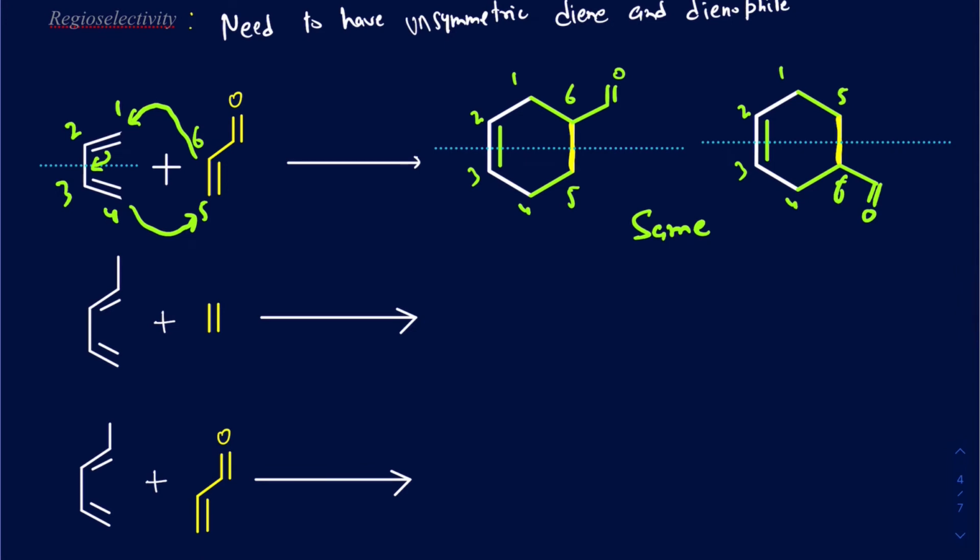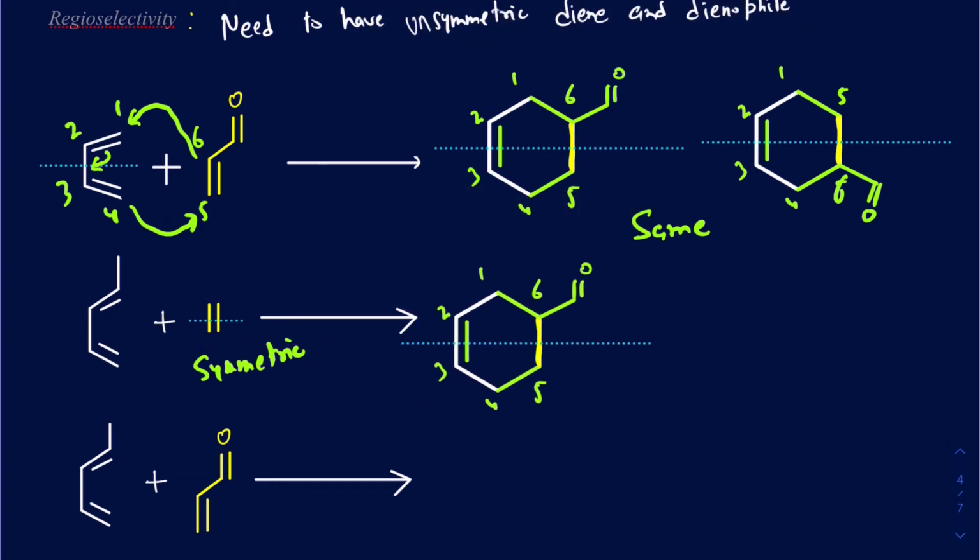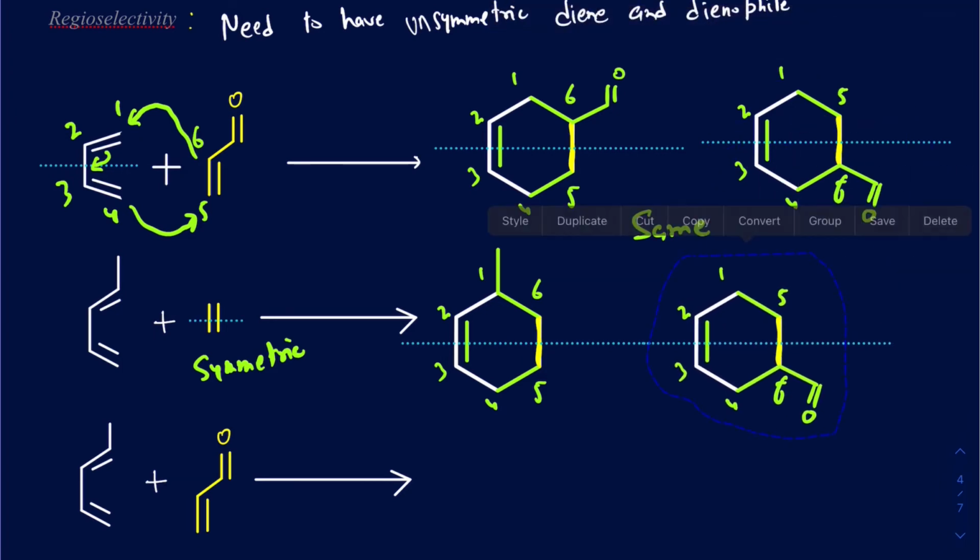In the second example I have here, this dienophile is actually symmetric, and this being symmetric will not affect the regioselectivity of your product here. So I could take this out. I could have this one attacking with the 6, and that's going to be going up. Or I could have the second example where you take this part out.